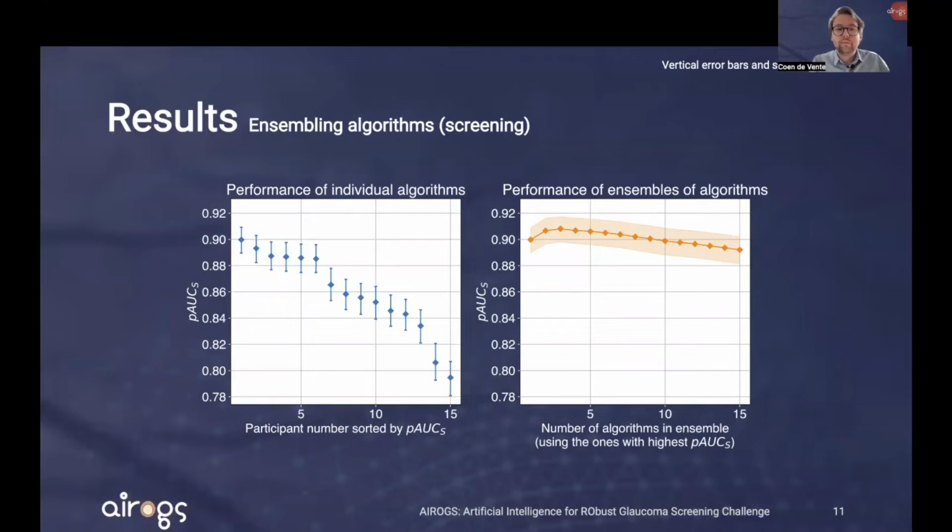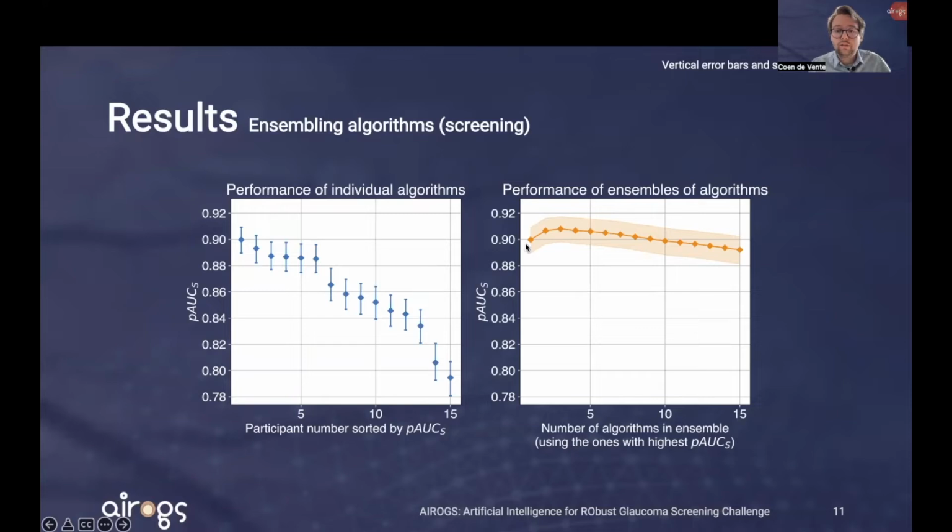Then here you see what happens if we combine the different algorithms and take the mean of their predictions to form an ensemble. So on the left, you see the participants sorted by partial area under the curve.